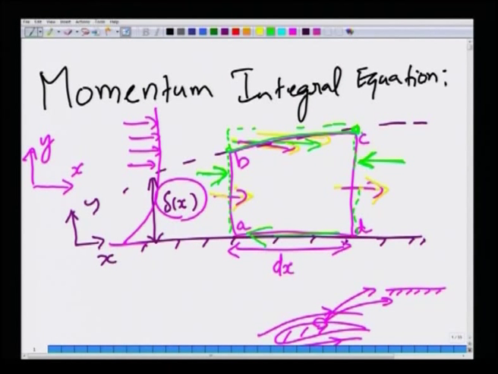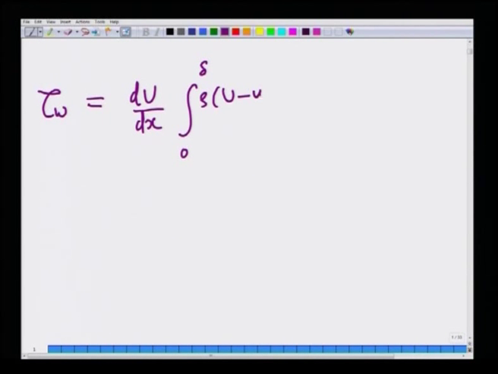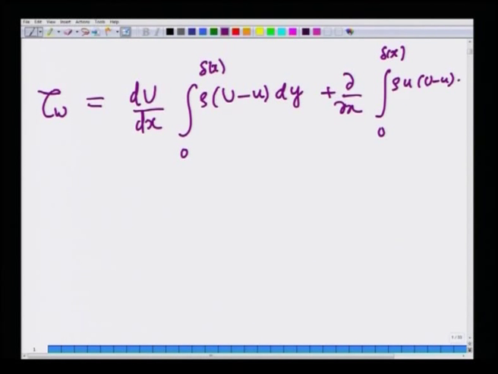Now, if we account for all these things, we ended up with this final differential equation in the last lecture, which relates the wall shear stress tau w, the force per unit area, to d U/dx times the integral from 0 to delta of rho times (capital U minus small u) dy, plus d/dx of the integral from 0 to delta(x), delta being in general a function of x, of rho u (capital U minus small u) dy.